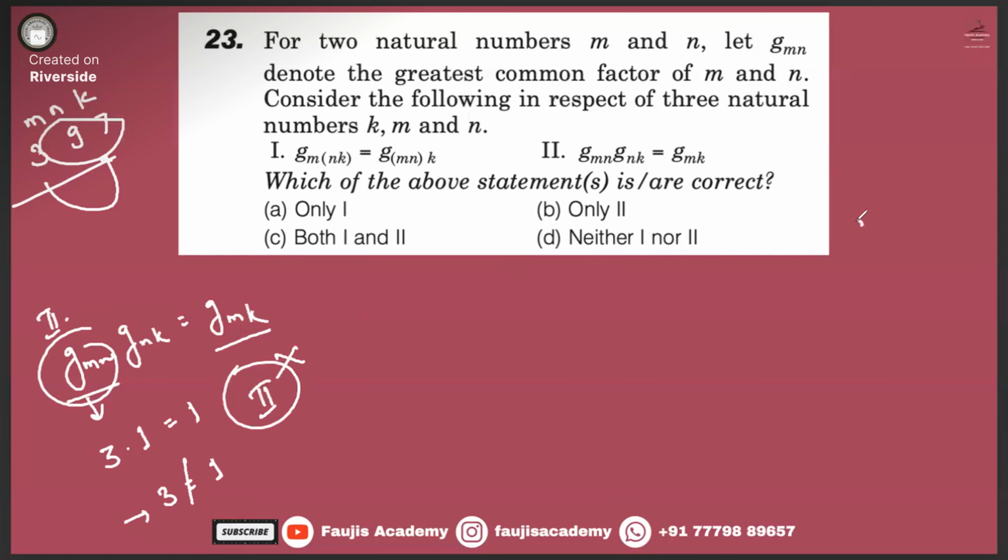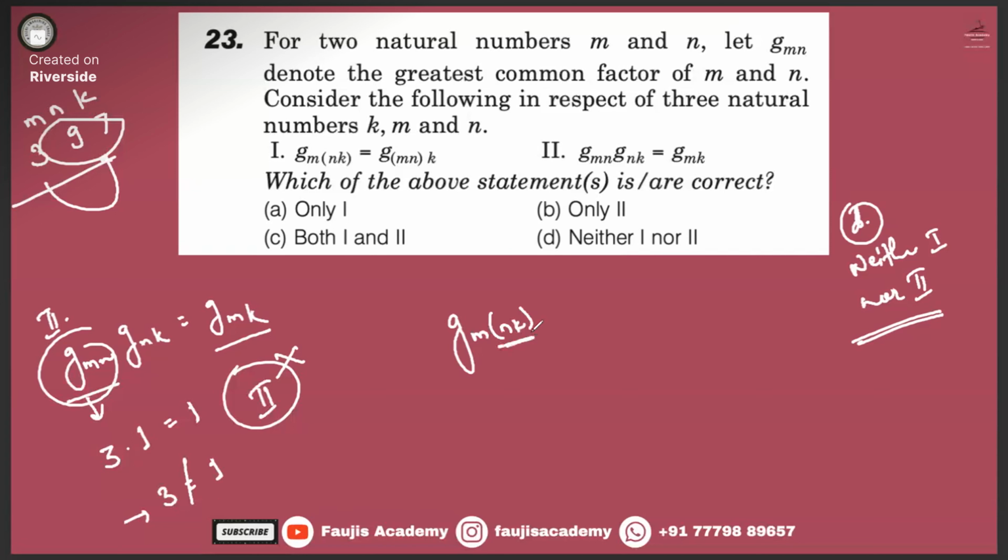So the answer to this question is D, neither 1 nor 2. Right, guys? Anyone of you who did not get it, it's nothing but whenever they say let g of mn denote the greatest common factor, okay, so g of m into nk.